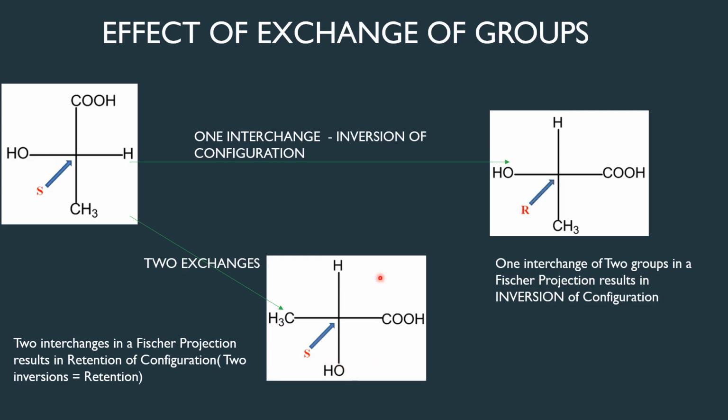So 1, 2, 3, my eyes travel in the anticlockwise direction. For anticlockwise sequence, we have to assign S configuration, and before that we have to see that the least priority group is kept in the vertical line. Yes, it is there. Therefore, the anticlockwise sequence gets S configuration. So the starting compound had S, and after two interchanges also the compound has S configuration. Therefore, two interchanges in a Fischer projection result in the retention of configuration.